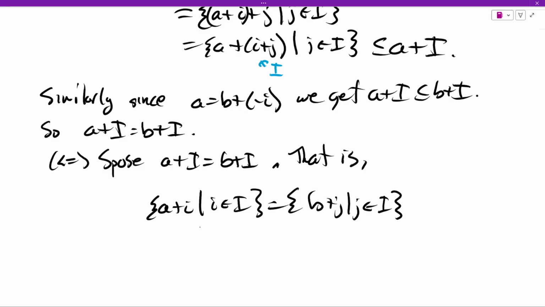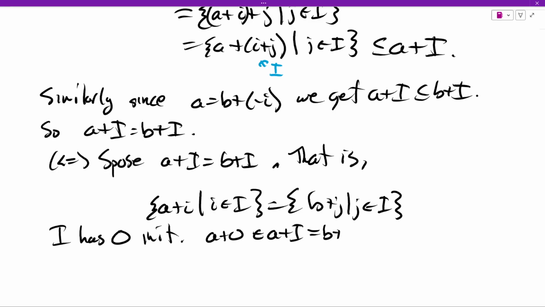Let's observe something, firstly, that I is an ideal, so I has 0 in it. Okay, so in particular, A plus 0 is in A plus I, which happens to be B plus I. But A plus 0 is just A. So A is in B plus I. This means there exists some j in I such that A is B plus j.